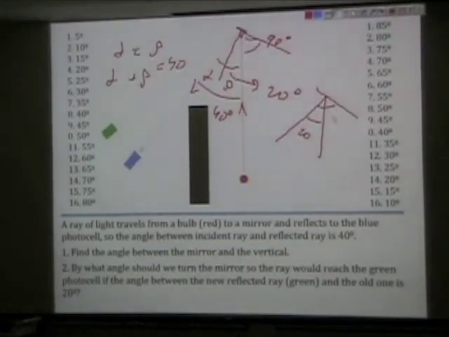This is 90. So the angle we are looking for is 70. Okay, that's what's supposed to be your answer, because you cannot enter 14. All right.